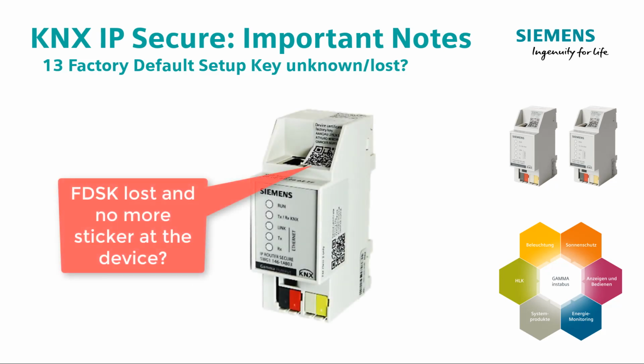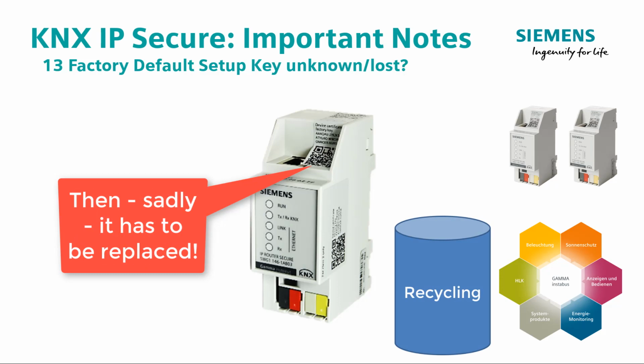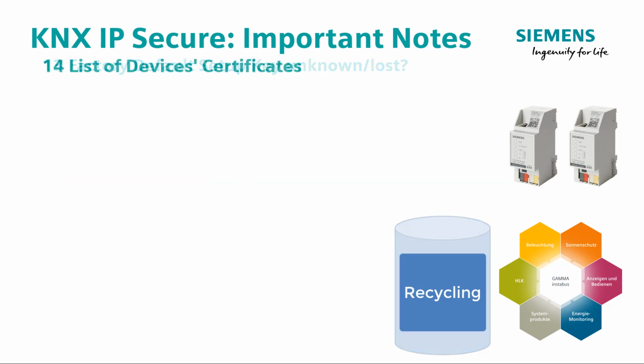The FDSK is only required for the initial commissioning or after resetting the KNX IP secure devices to their factory settings. If this key is no longer present on the device or can no longer be assigned to the device, the KNX IP device can no longer be commissioned and must be replaced.